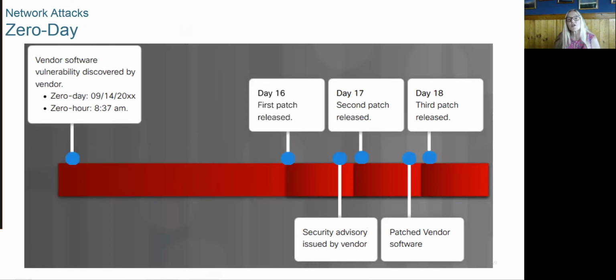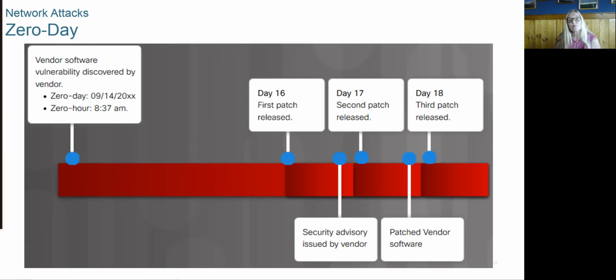There are two terms that are commonly used to describe when a threat's detected. There's 0 day, which is referred to as a 0-day threat or a 0-day exploit. And this is the day that an unknown vulnerability becomes discovered by the vendor. The term is referenced to the amount of time that the vendor has to address the vulnerability, basically. And then we have 0 hour, and that's the moment when the exploit is discovered.